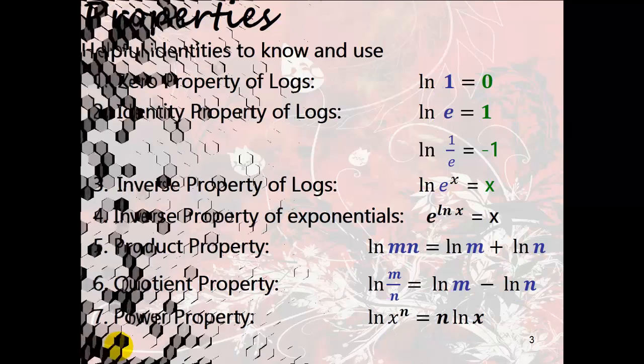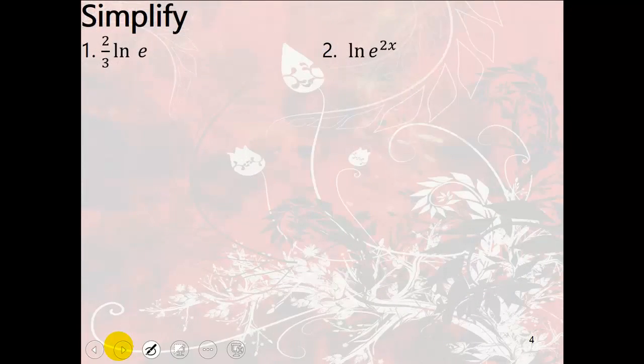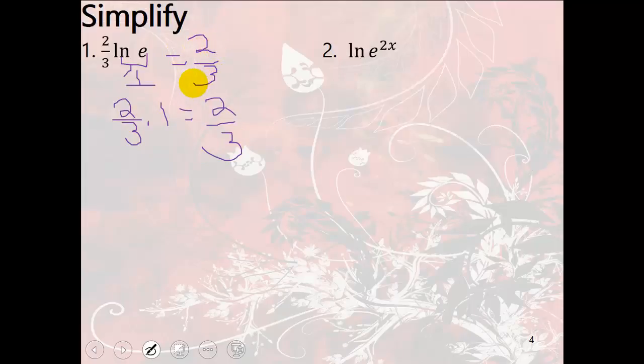So let's get down to it and let's just start working this. We need to simplify. One of the things you need to get used to seeing, and it happens a lot, is ln e, and you want to recognize that anytime you see ln e, it always simplifies to 1. So that's 2/3 times 1. So that's just 2/3. Okay.